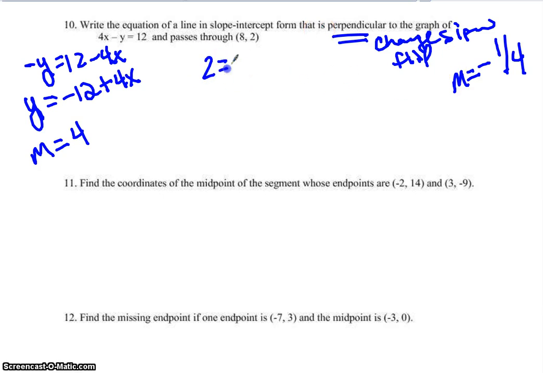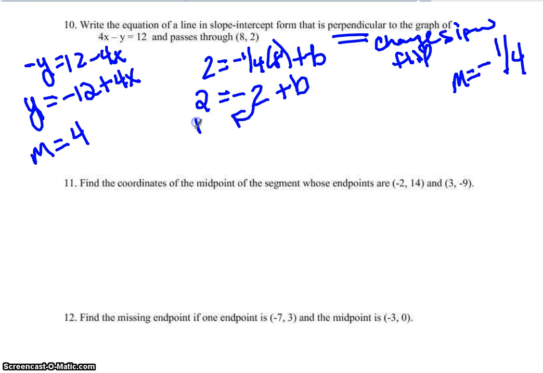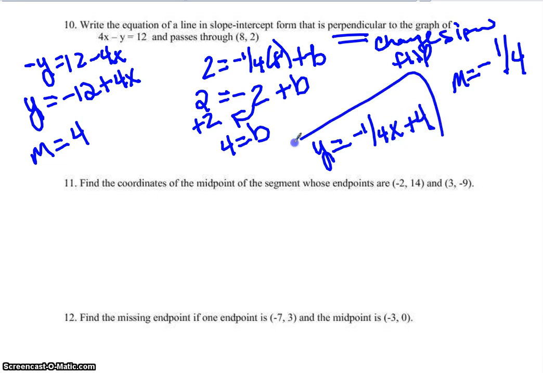So 2 is equal to negative 1/4 times 8 plus b. You can just do it in your calculator. You're going to get negative 2 plus b. Bring your negative 2 over and add it. 4 is equal to b. So y is equal to negative 1/4 x plus 4 is your answer.